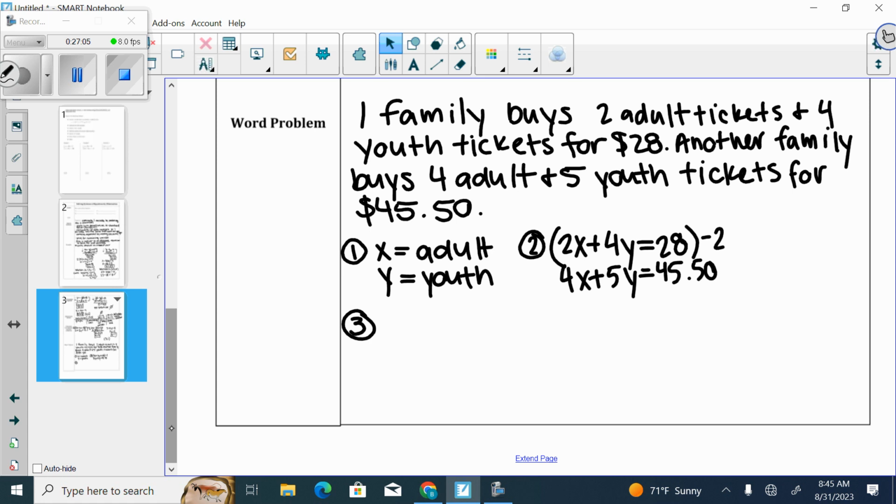-2 times 2x would give me, good, -2 times 4y would give me -8y, good, and 28 times -2 would give us -56, good. And we're not going to change that second one, so we're going to leave it as is.